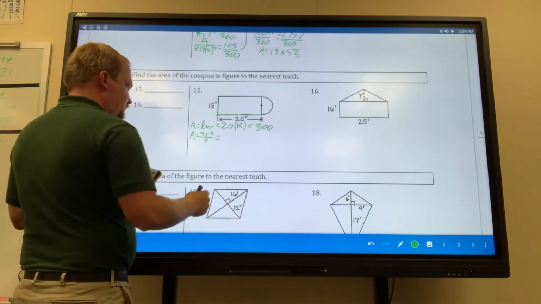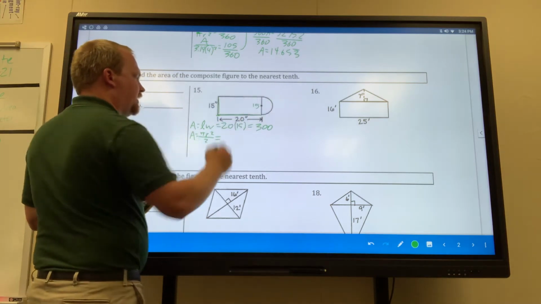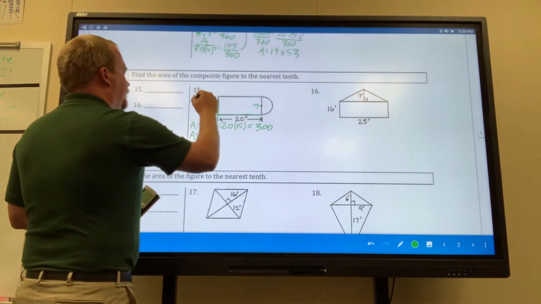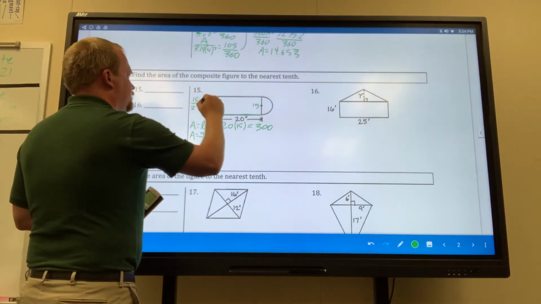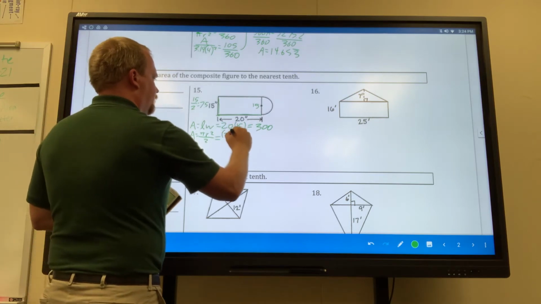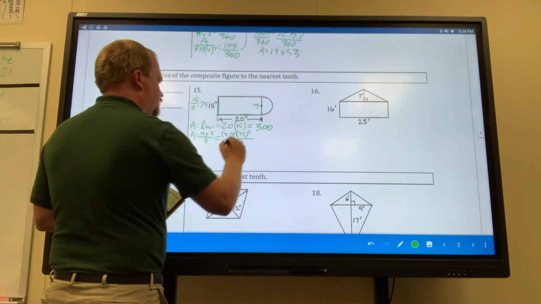Now, if I know this is 15, this is 15 as well. So I got to figure out half of 15 to find my radius, which is 7.5. So 3.14 times 7.5 squared over 2.